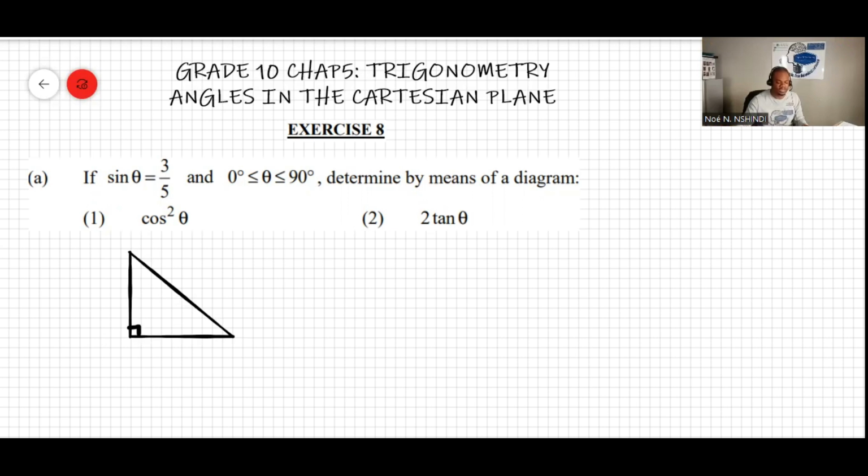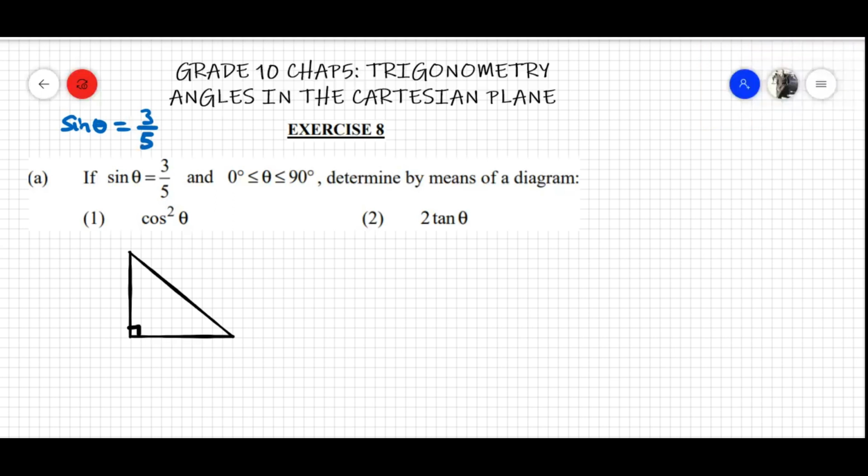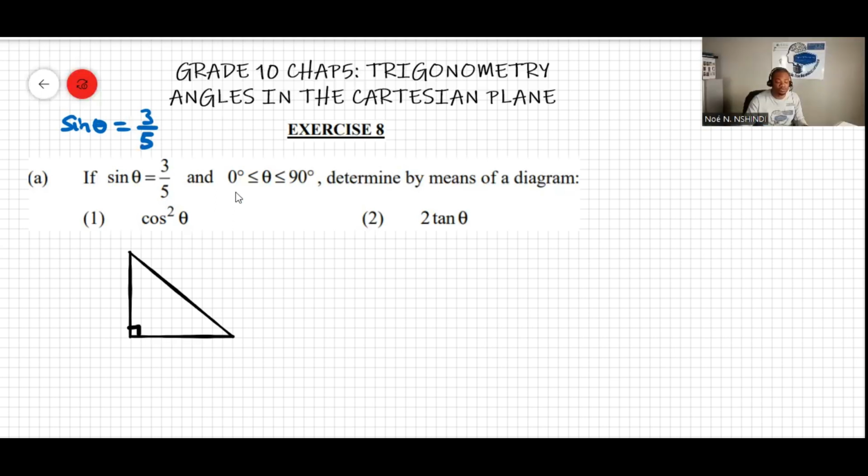And now when sine theta equals 3/5, and 3/5 is the simplest form of this fraction, because we cannot simplify further, we understand that this is just the opposite side over the hypotenuse.